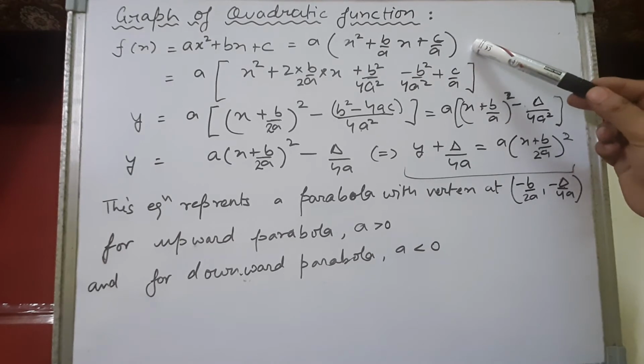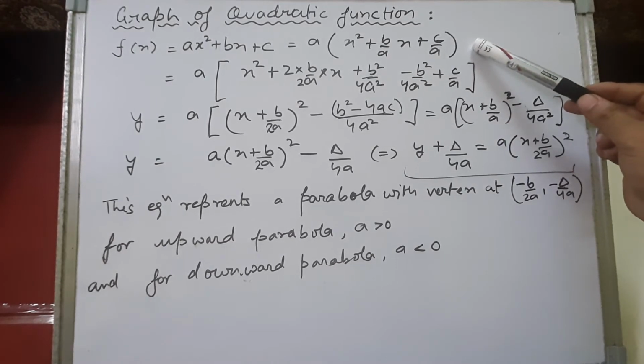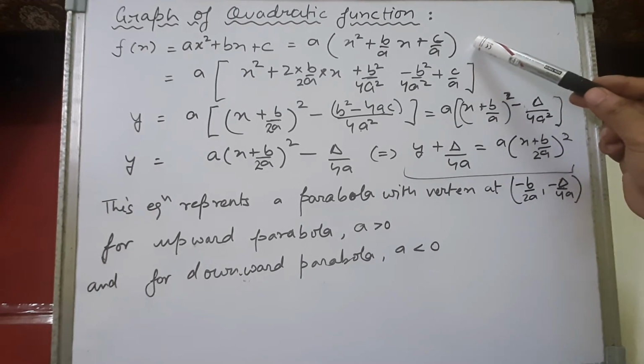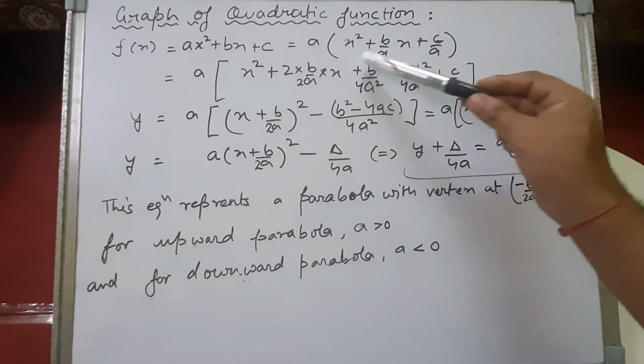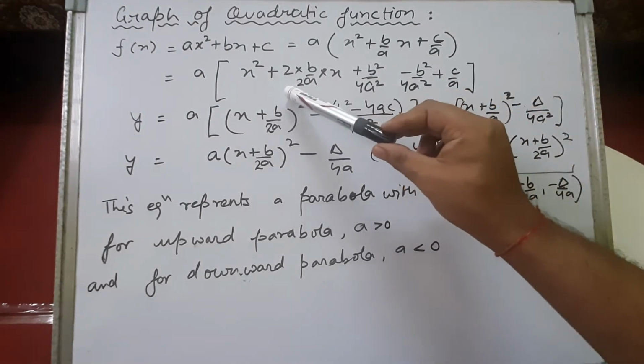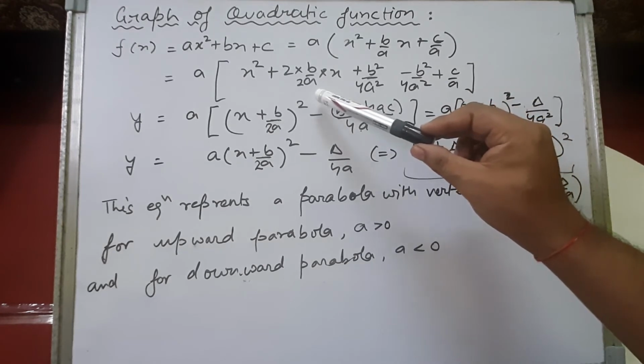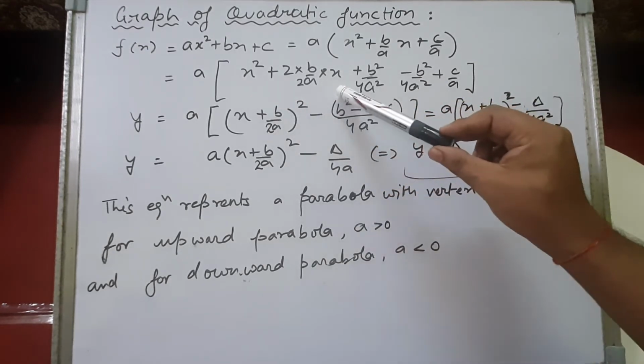So for that, I'm taking a common from the equation. When we do that, we'll get a in bracket x square plus b upon a x plus c upon a. This term we can write as x square plus 2 into b upon 2a x.